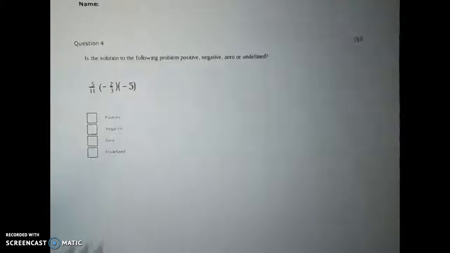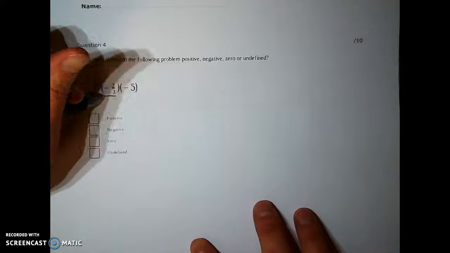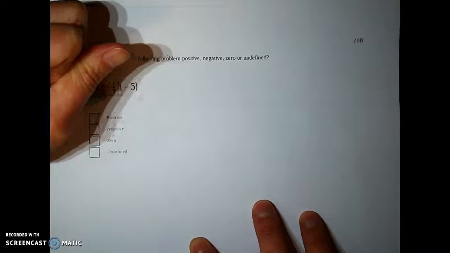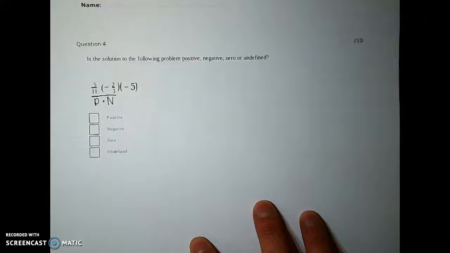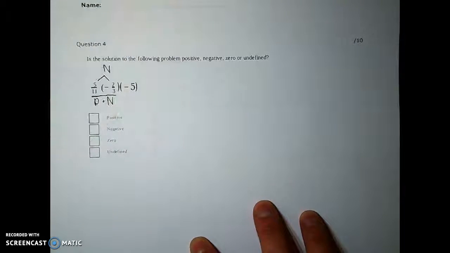Now the next example just asks us if the solution to the following problem will be positive, negative, 0, or undefined. So we're not really trying to see what the answer is. We're just trying to see if we're going to get a positive or a negative answer out. So I'm going to break this into parts because I have 3 numbers. So let's start with the first 2 numbers, multiplying those together. Now I see that I have a positive times a negative, and a positive times a negative is going to give me a negative.